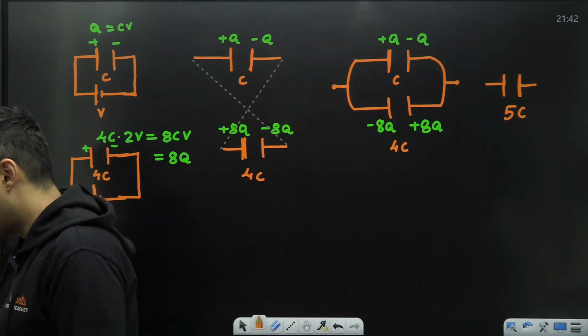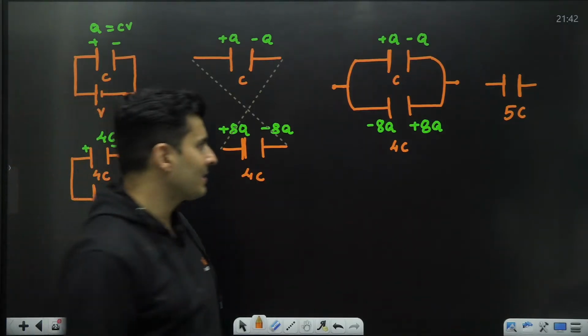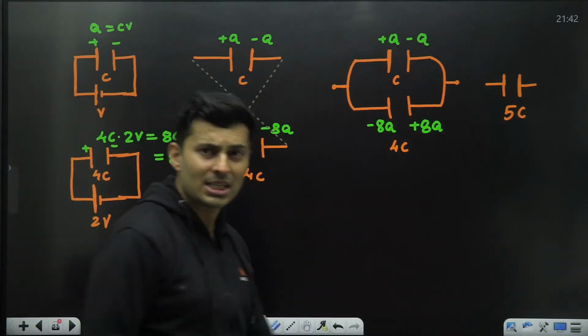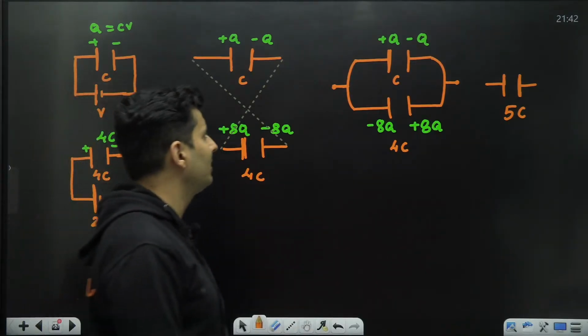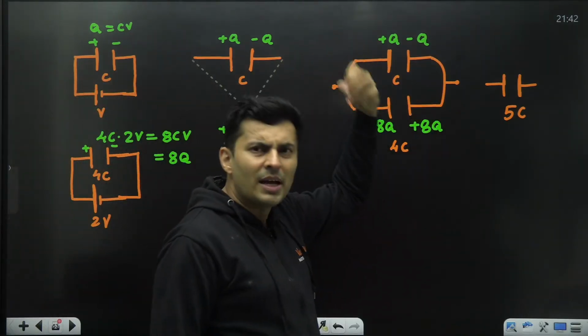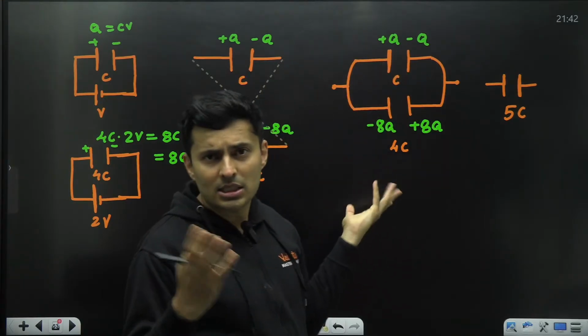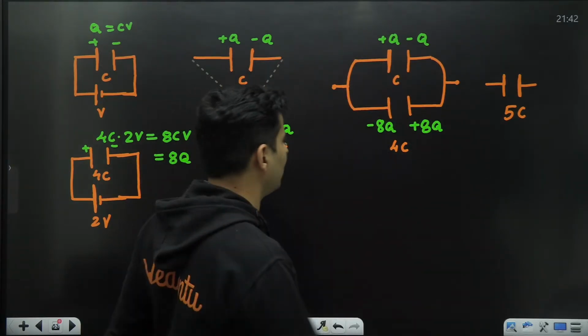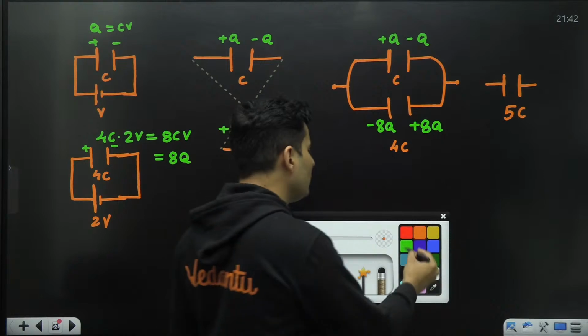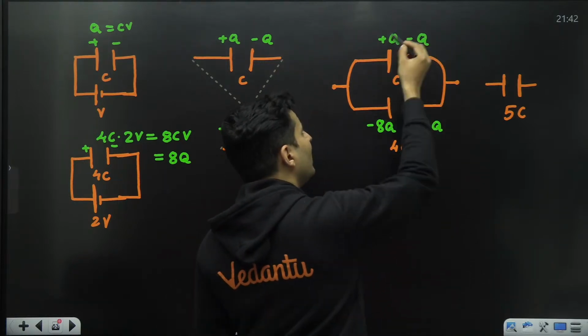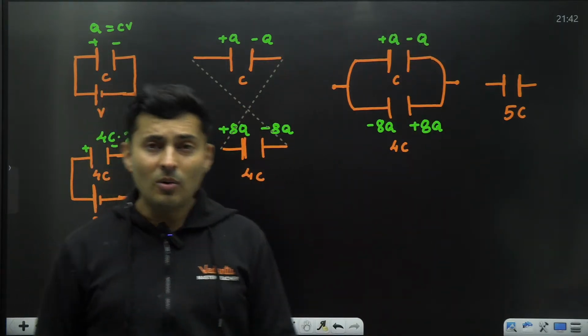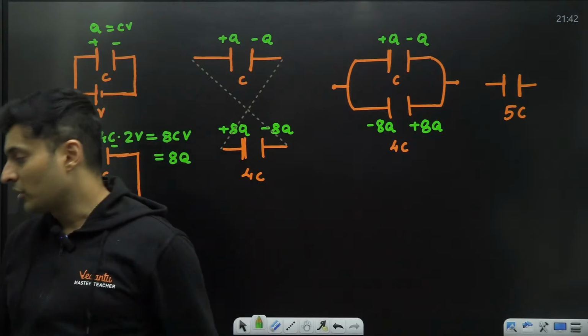Yeah? Everyone? Yes, perfect. No need to find the voltage. Think of it like a parallel capacitance. These terminals, they are open-ended. Fine, no issue if I keep them open-ended like this. It's not connected to anything. It's a parallel circuit. So, what will be the new charge over here? Will it be 9Q or will it be 7Q or 8Q? Answer it in the chat box.